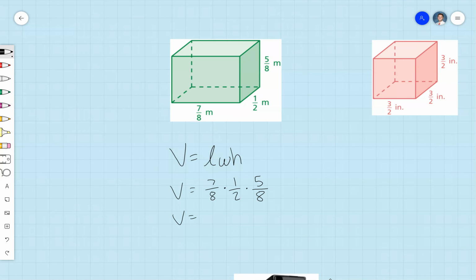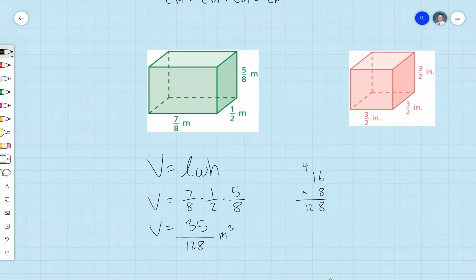In our numerator, 7 times 1 times 5 would be 35. And 8 times 2 times 8 would be 16 times 8, which would be 128. And so the volume here would be 35 over 128 cubic meters.